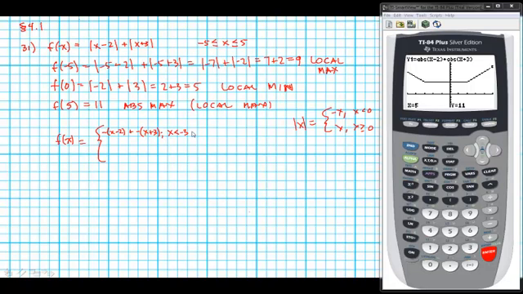And if I clean that up, this ends up being a -x plus a -x, or a -2x, and a +2 and a -3, a positive 2 and a negative 3 ends up being a negative 1. And you can see that this function does look like it has a negative 2 slope there.